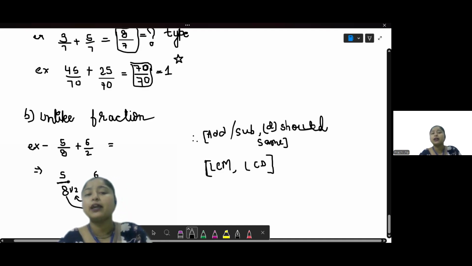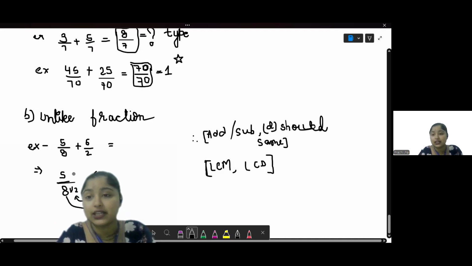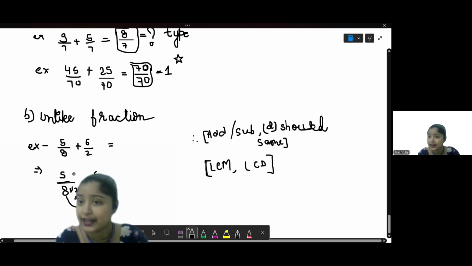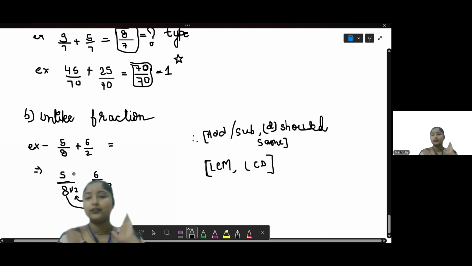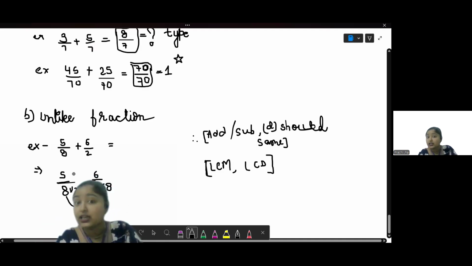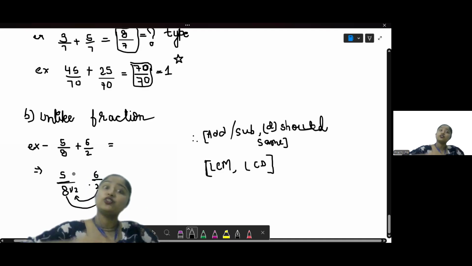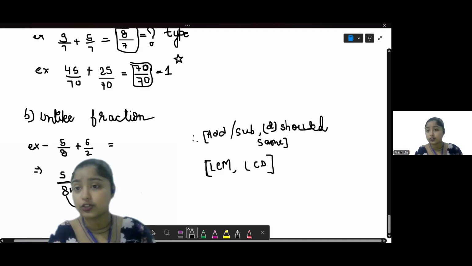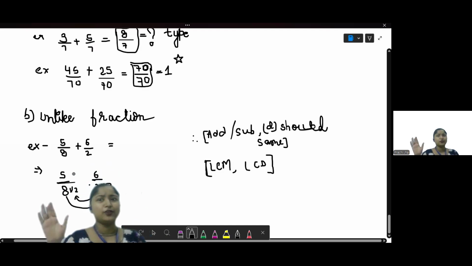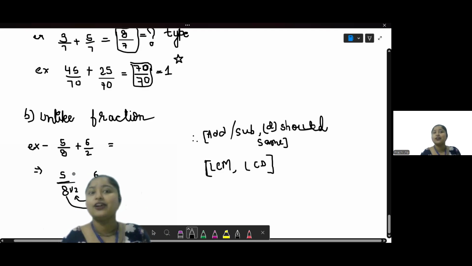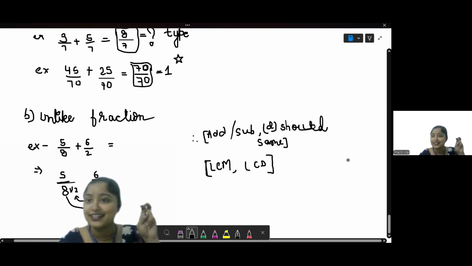But keep this in your mind. If you are doing something with the denominator, then you have to do it with the numerator as well. It's not vice versa. Are you getting my point? If you are doing something with the numerator, then you don't have to do anything with the denominator. But if you are doing something with the denominator, then you should do the same with the numerator, because the numerator is the smaller sibling and the denominator is the dominant sibling.